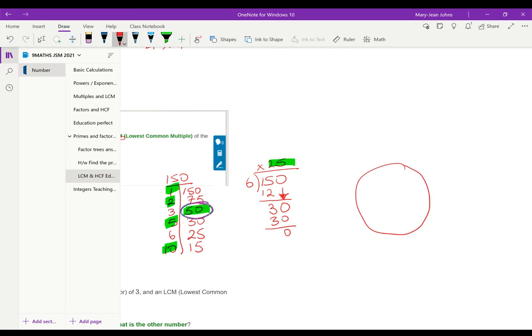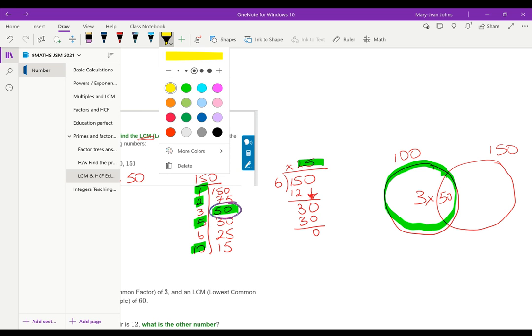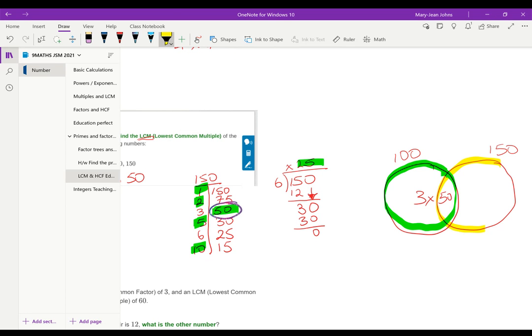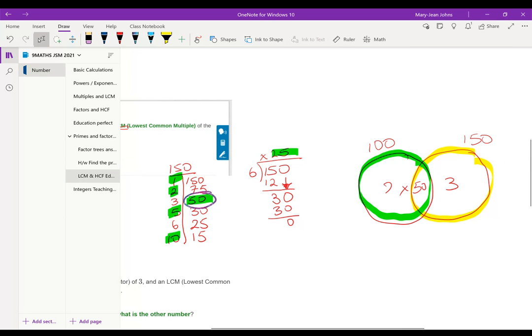Here's my number for 100, and here's my number for 150. 100, we know, is 50 times 2. Oh, I did that wrong, didn't I? Apologies. 150 is 50 times 3, and 100 is 2 times 50.